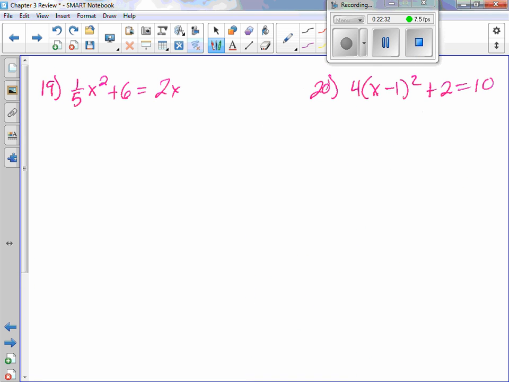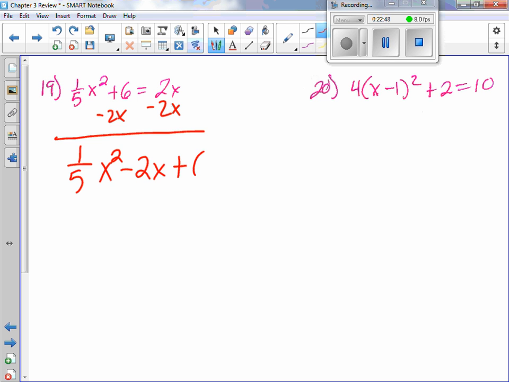While we're here, why don't we look at 19? Did anybody try 19? I'm going to move the subtract 2x first to get 1/5 x squared minus 2x plus 6 is equal to 0. Now this here looks like it's going to be quite a challenge, yes?